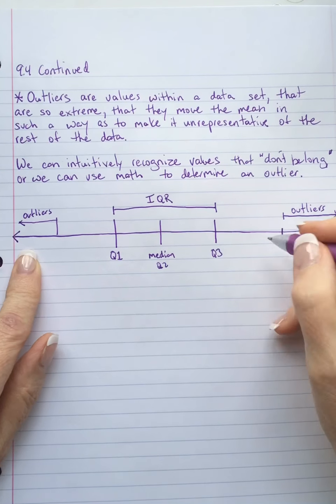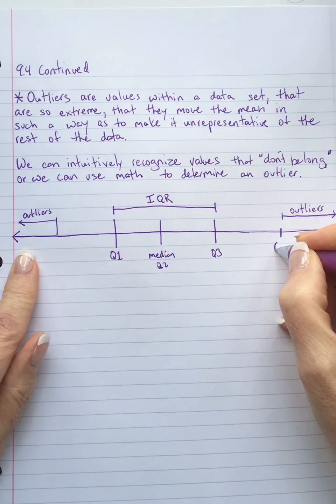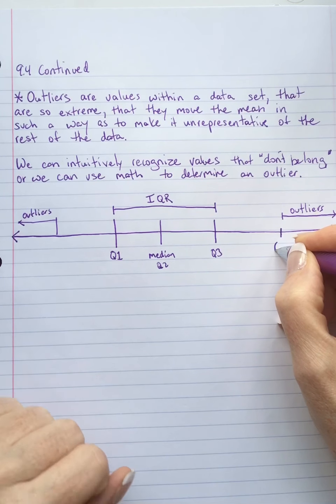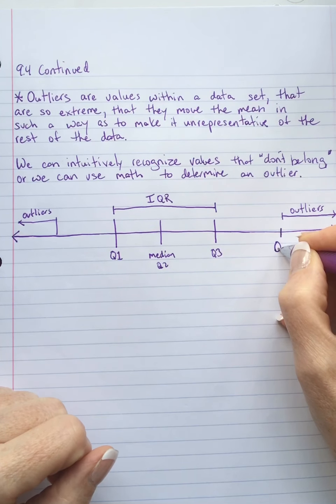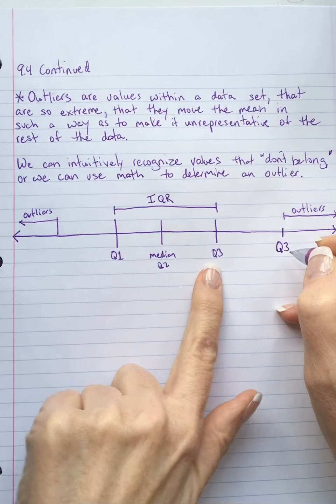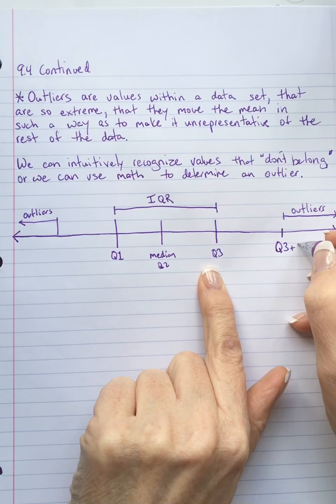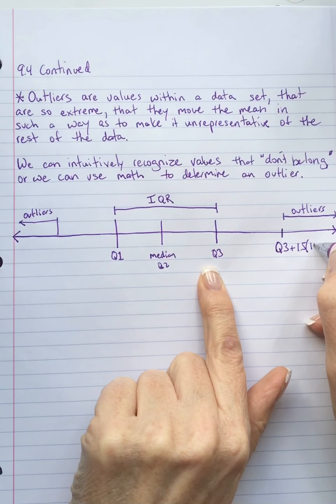Now, that point is signified by quartile 3, whatever number quartile 3 is, plus 1.5 times the IQR.